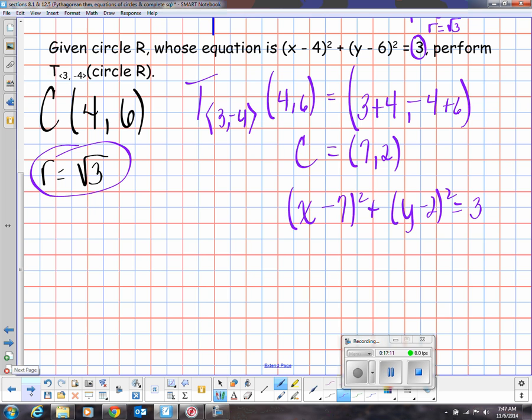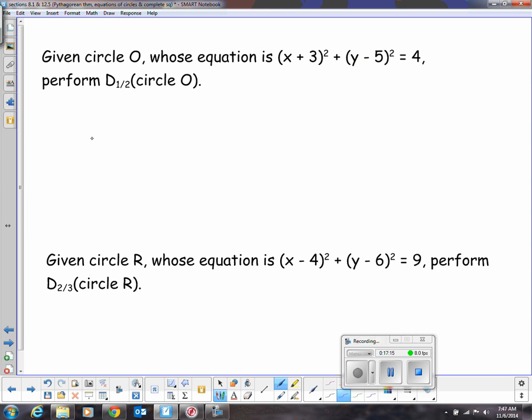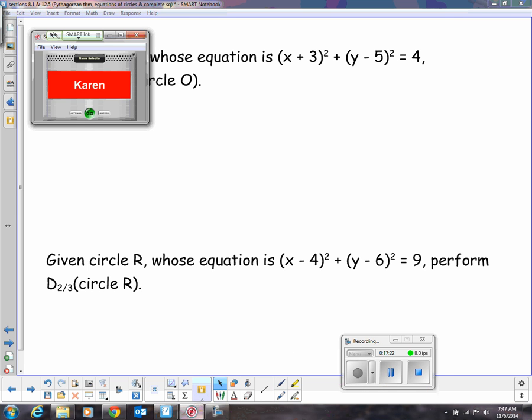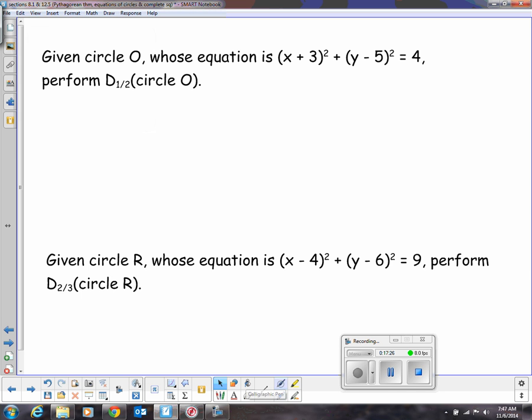Okay, let's do a dilation. Okay, we're going to do the dilation about its center. So, what is this center? Tommy? Okay, what's my radius, Tommy?